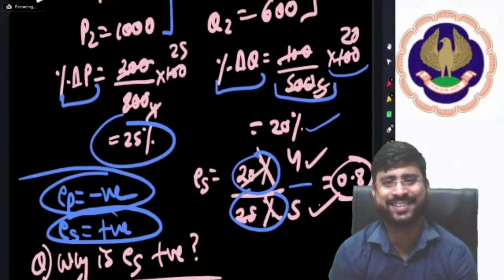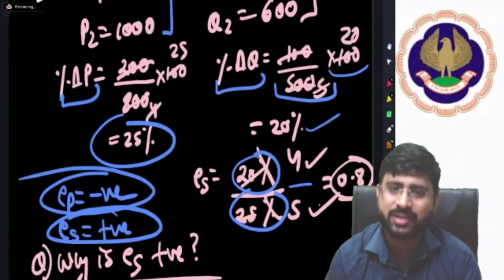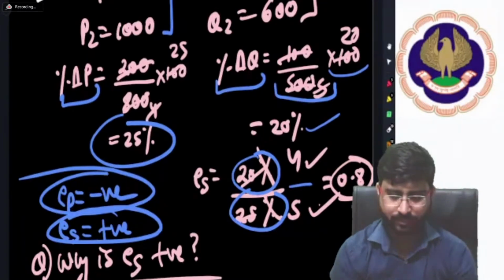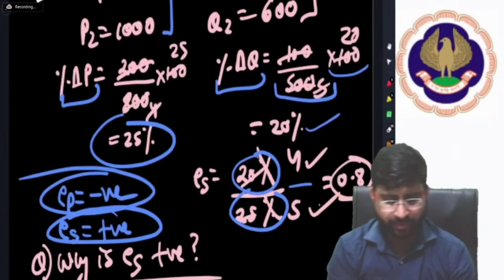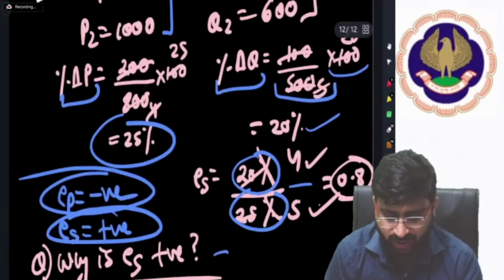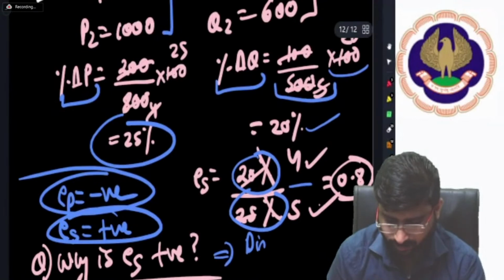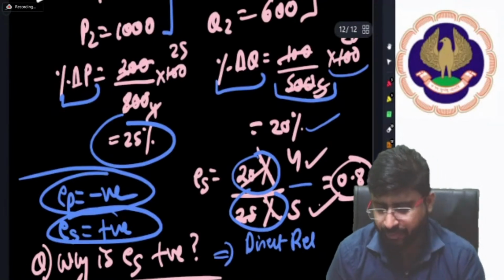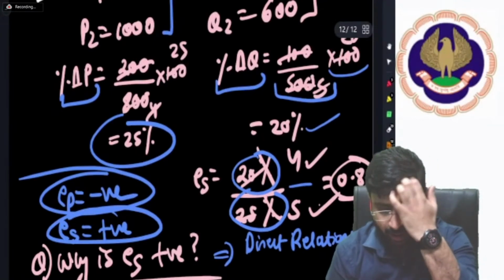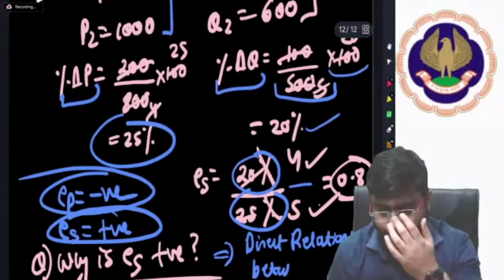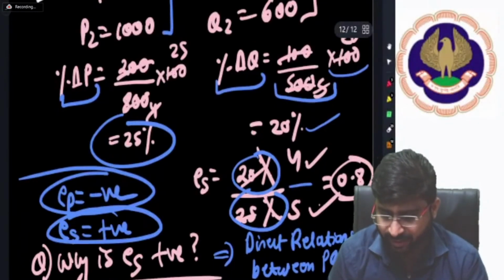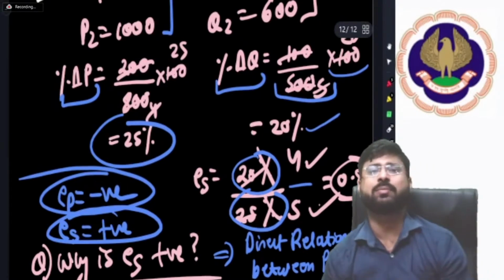You all guessed it correct. Why is it positive? My dear friends, it's positive because of direct relationship between price and quantity supplied.